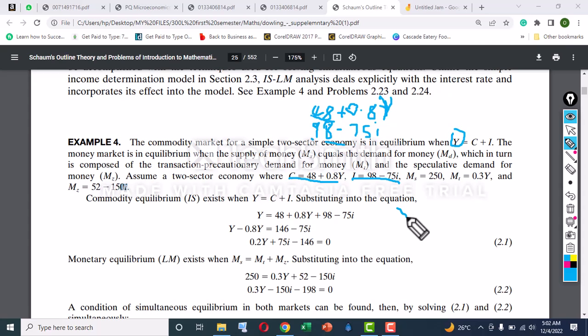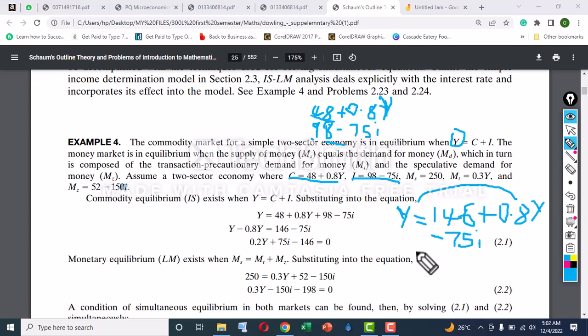So we are going to be having something like this: Y, which is the national income, equals, by the time you add these two, 146 plus 0.8Y minus 75i. Now this is what you get first for your national income, but you are not done yet. This is national income Y, this is also national income Y, so you can collect like terms. So this guy can move here, so this will now be Y minus 0.8Y, which is simply 0.2Y.